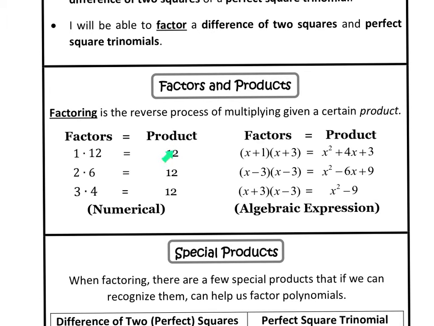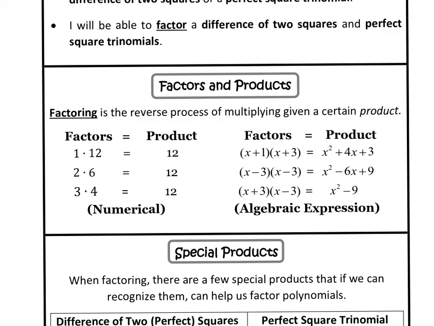Well, some factors you can say are 1 times 12, or 1 and 12, or you can say 2 and 6, and 3 and 4. So these are all possible factors of the product of 12. So factoring is the reverse process. You're breaking up 12 into its parts that can be multiplied to give you 12.